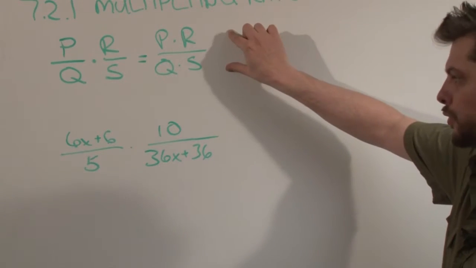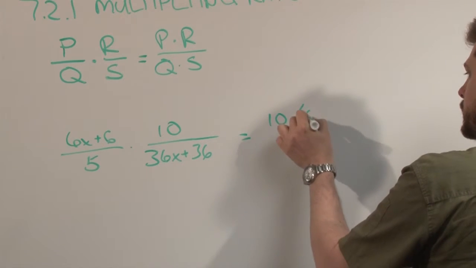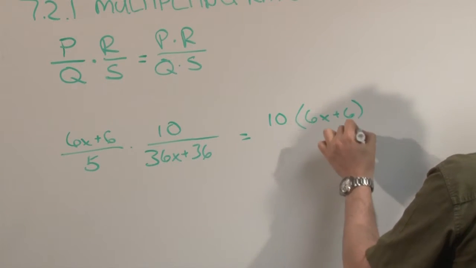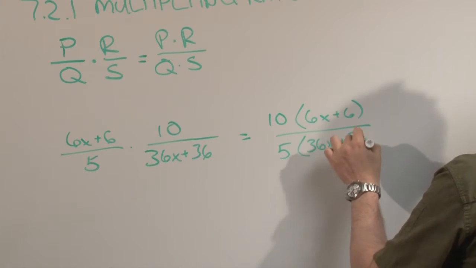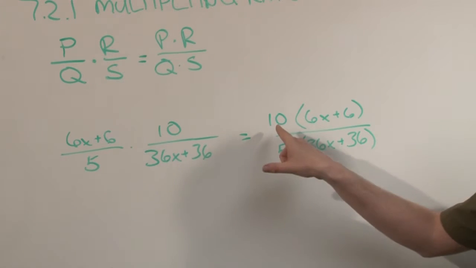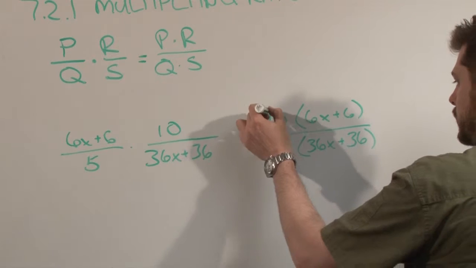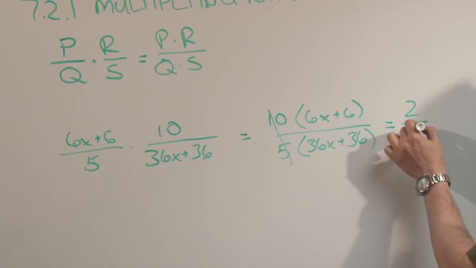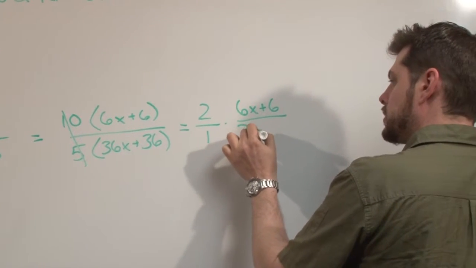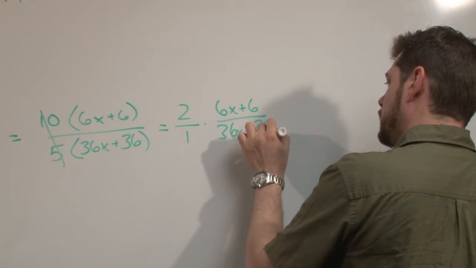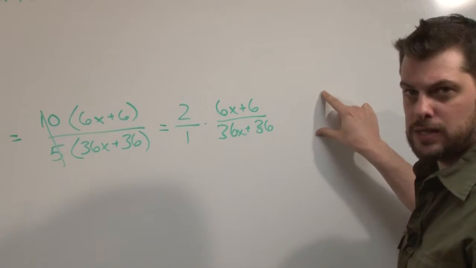Now we can apply this rule directly, and we'll get 10 times 6x plus 6 over 5 times 36x plus 36. And we'll note right away that 10 and 5 have a common factor of 5. So this reduces down to 2 over 1 times 6x plus 6 over 36x plus 36. But if we look at how far we've gotten so far, we haven't simplified it enough.